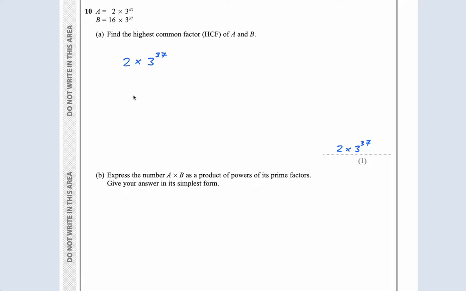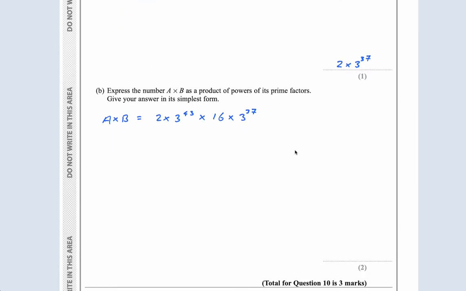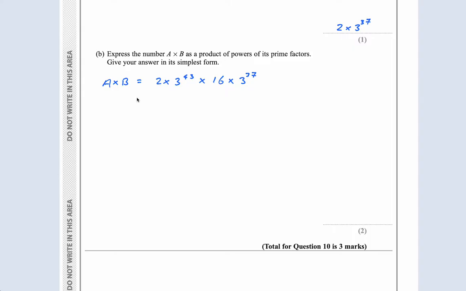Okay, a product, okay, A times B. So A times B is equal to 2 times 3 to the 43 times 16 times 3 to the 37. So I'm just doing this times this. How many marks? 2 marks.